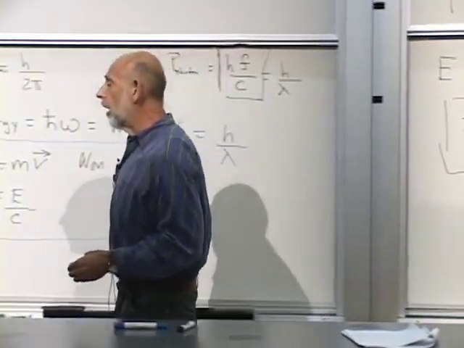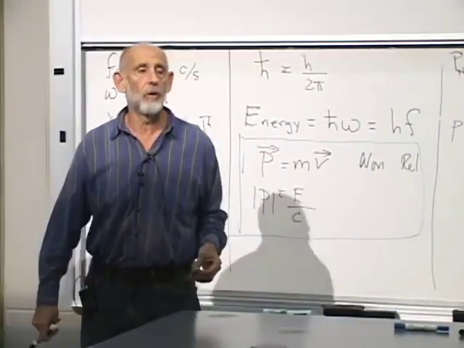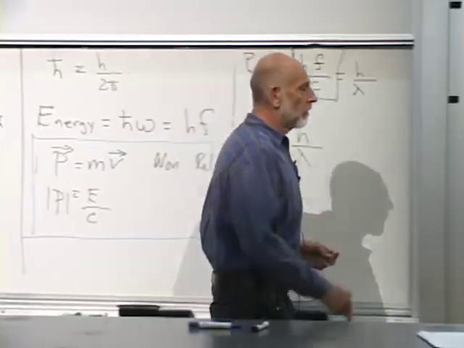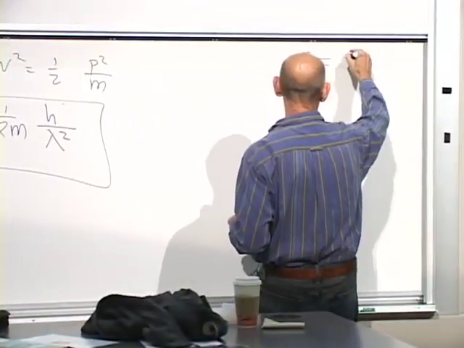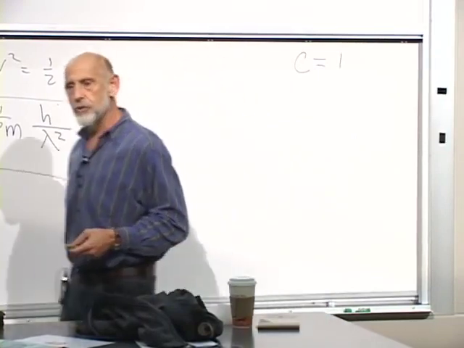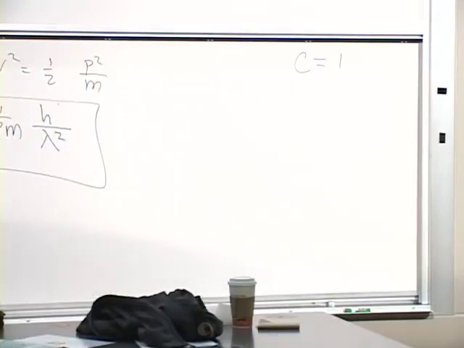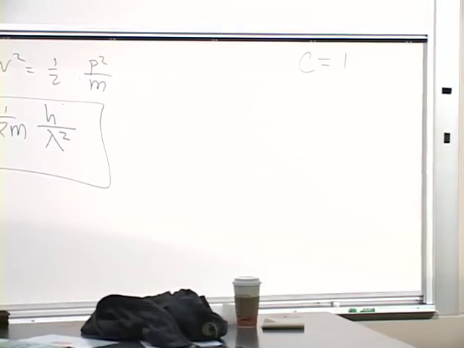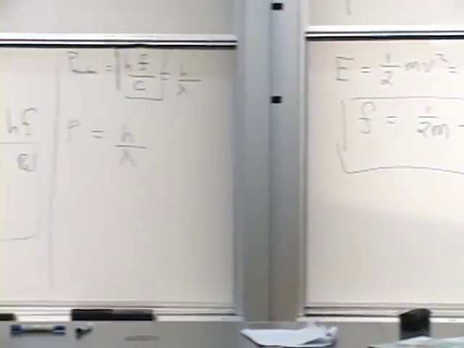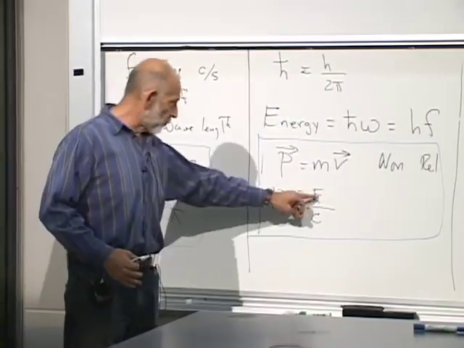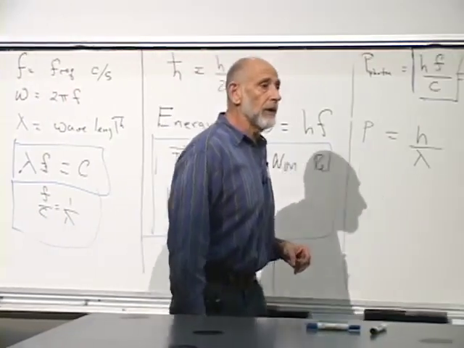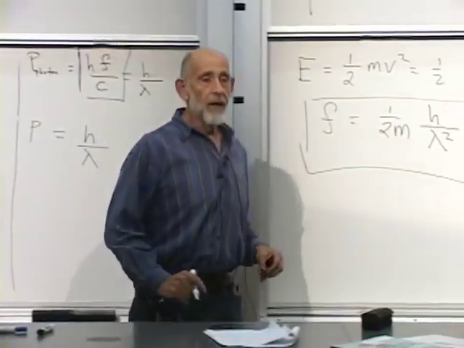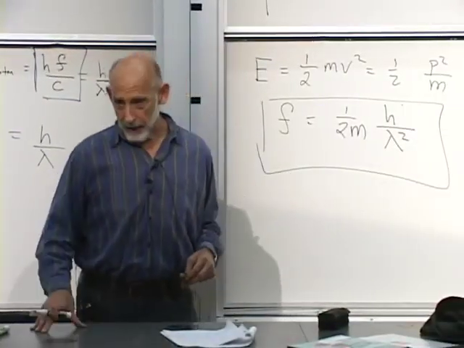If you want to know, first of all, let's work in units in which c is equal to 1. In such units, momentum and energy have exactly the same units. If you want to know if something is relativistic or non-relativistic, you want to compare its momentum to its mass.